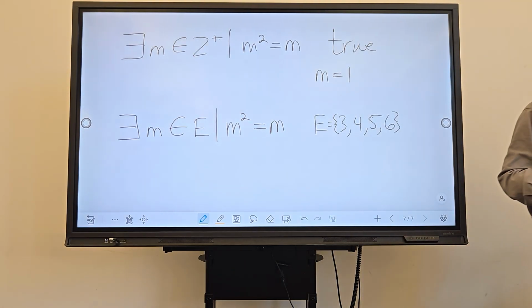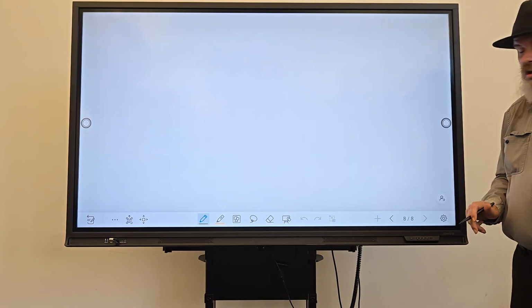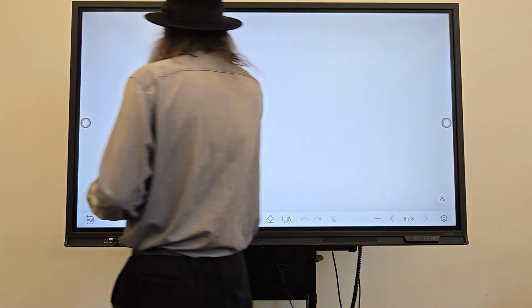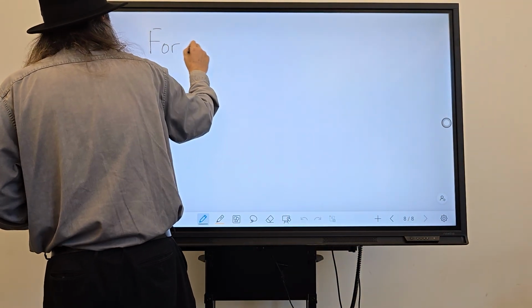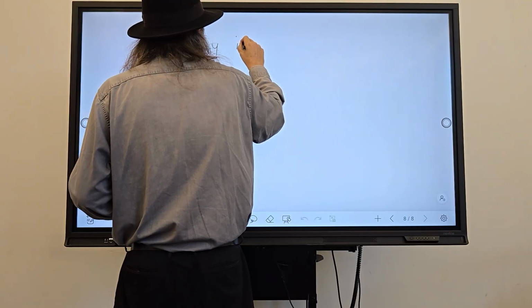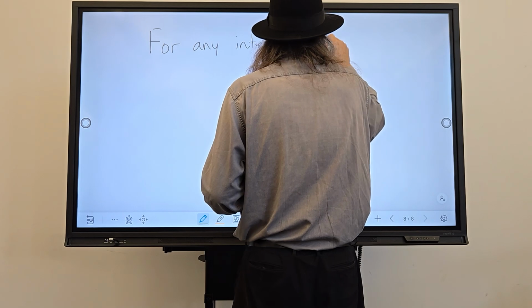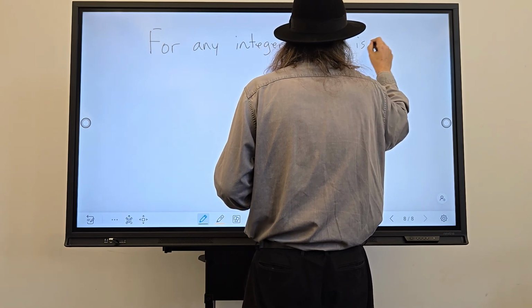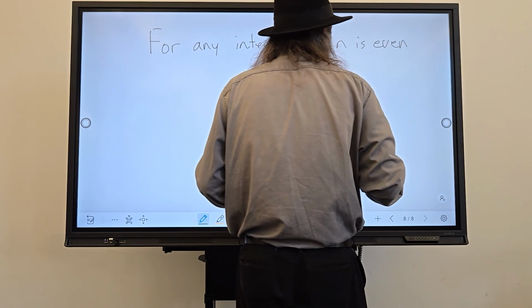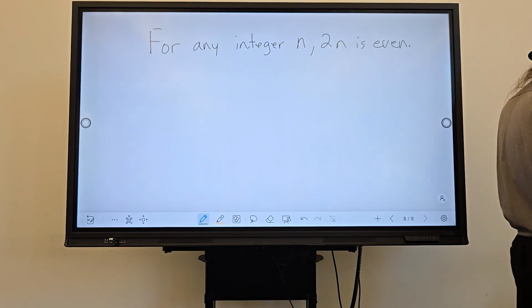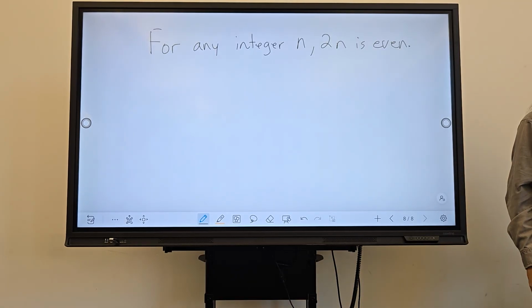Let's say for any integer n, 2n is even. That's informal. How would you say that formally, given what we've covered so far today, this afternoon?